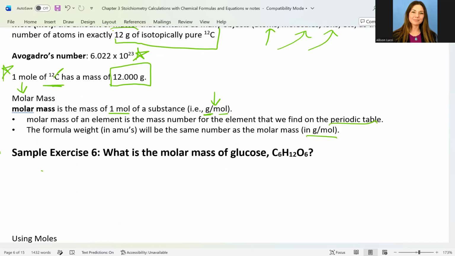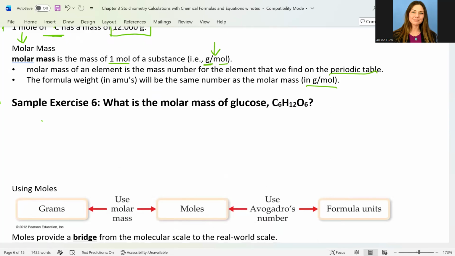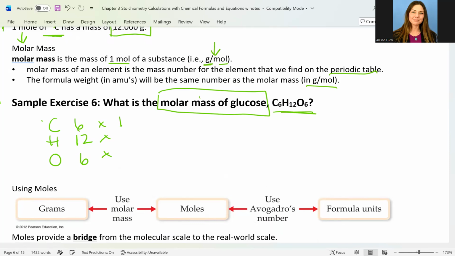So let's take a look at sample exercise 6 here, and let's see if we can calculate the molar mass of glucose. And we're given the molecular formula right here. So let's write down what we have. So we have carbon, hydrogen, oxygen. We have 6, 12, and 6. So I need to multiply and then find the sum.